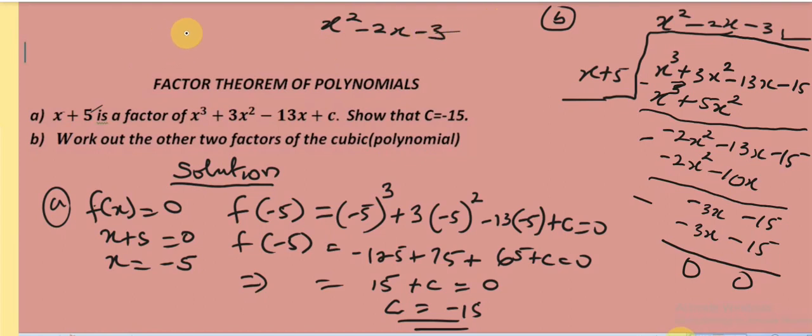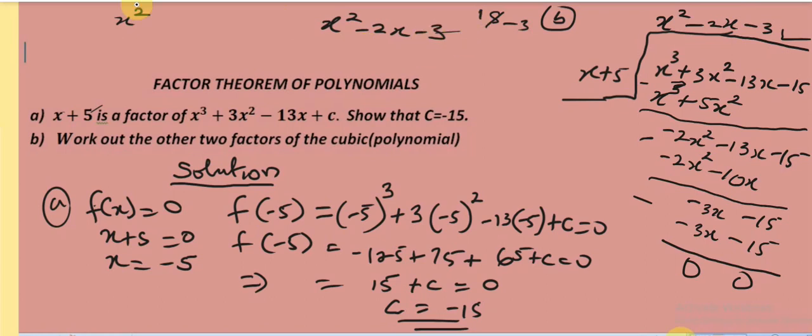Since I have 1 and minus 3, I'll write x squared, and these two numbers are going to replace the middle number.